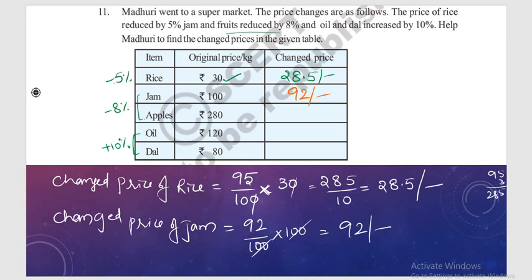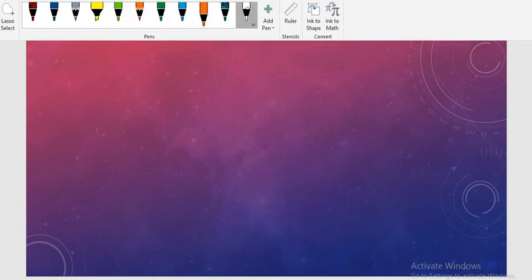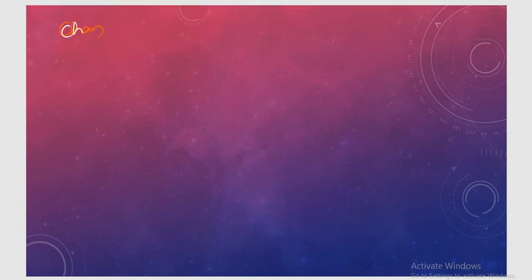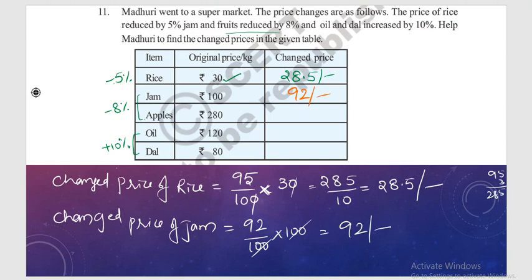Okay, next moving on to apples. Now we need to find out for apples. Apples is initially 280 rupees, no? So changed price of apples is equal to, if you observe, on apples how much is it reduced? 8%, no?